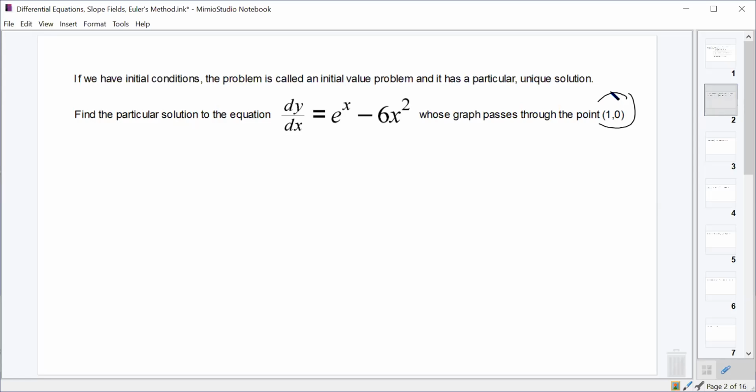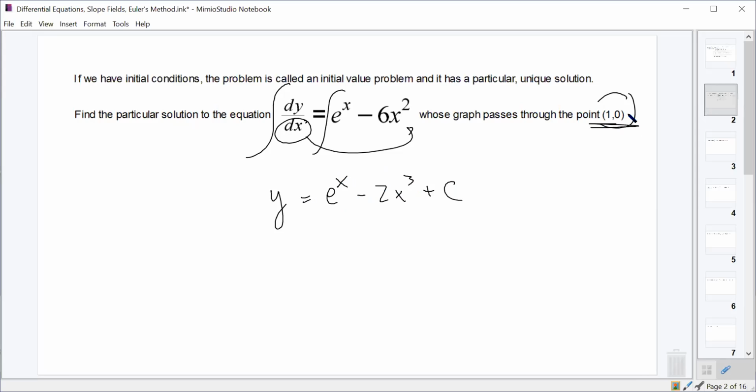And so all we do is the same thing: bring that dx over, integrate both sides. The integral of dy is just y. The integral of e to the x is just e to the x. And the integral of minus 6x squared ought to be just minus 2x cubed plus our constant. And now we introduce our initial condition that when x is 1, y is 0.